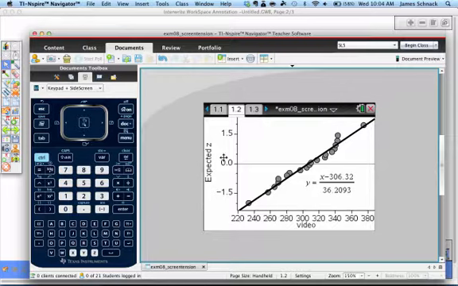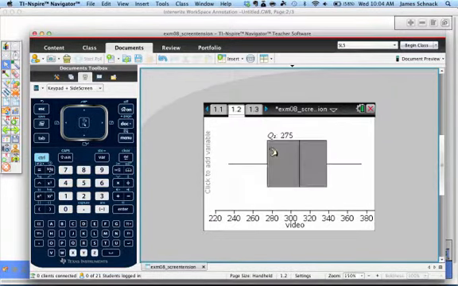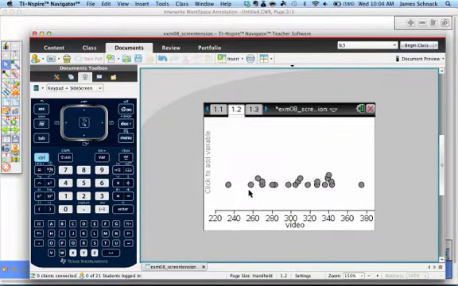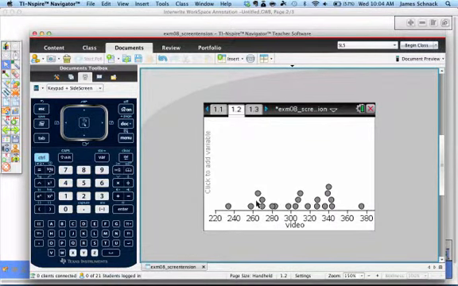So because we have these 3 pieces of evidence, the normal probability plot showing a linear relationship between z-score and sample value, a box plot showing a roughly symmetric distribution, and a dot plot showing no real clear outliers, we can, with a reasonable amount of confidence, say that our data is coming from a normal population.